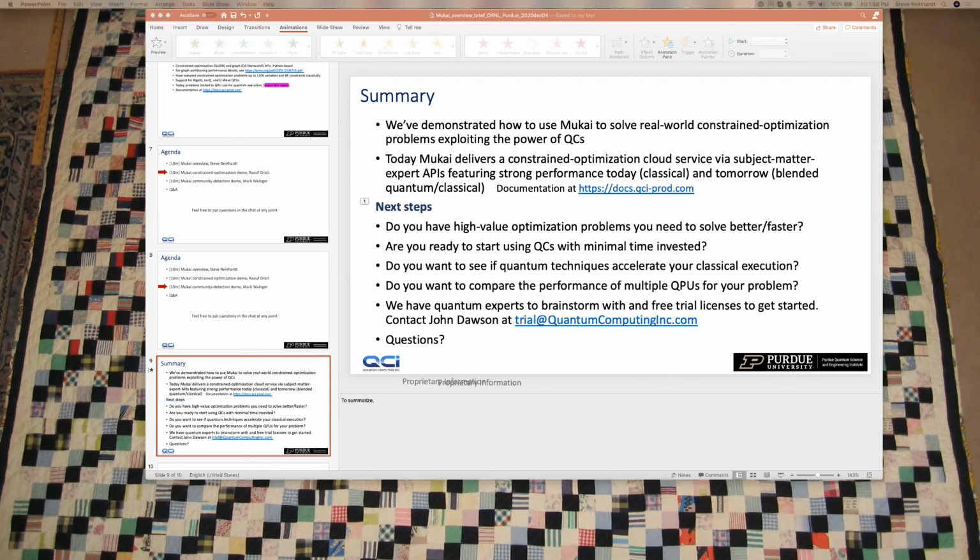I just want to add, going back to MIP and discretizing the problem. Maybe you may want to combine QB solve, QCi QB solve, or Mukai with your favorite continuous optimizer, in the same way you train QAOA. If you're familiar with the inner workings of QAOA, then you can do so without discretizing the problem, because when you do so, you might lose structure.